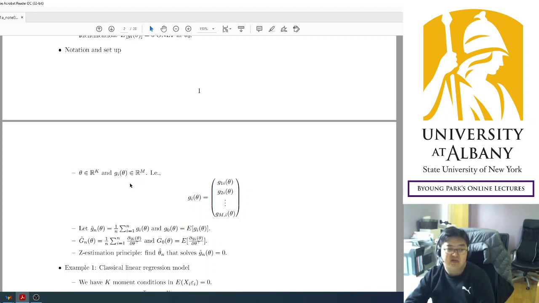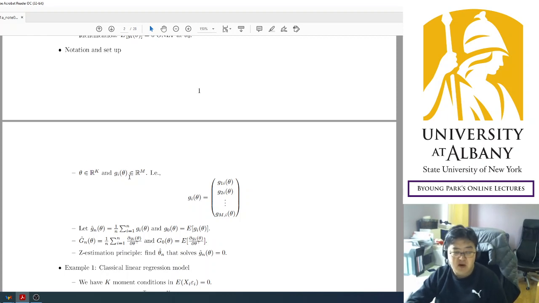Theta and the moment can be of different dimensions. I am going to write g, a function of the ith observation that depends on the parameter. This is a random function and it is vector valued. It actually consists of m different functions. M functions make one vector, so that is the moment function.